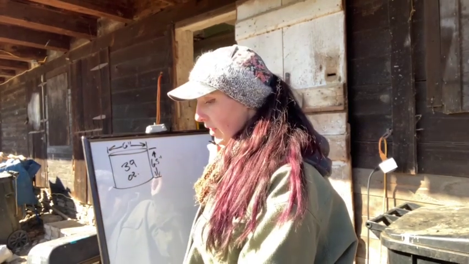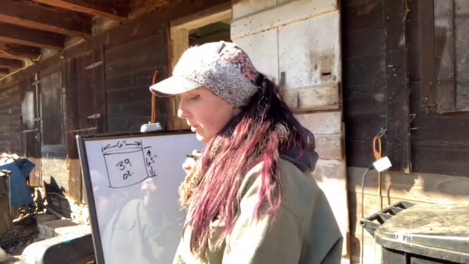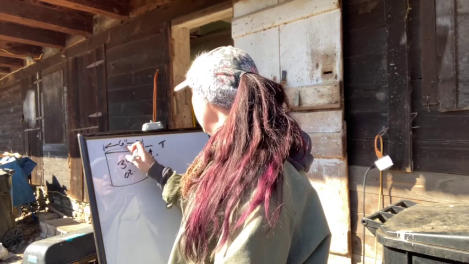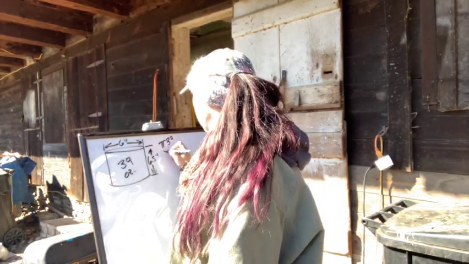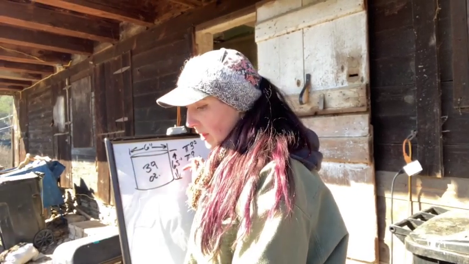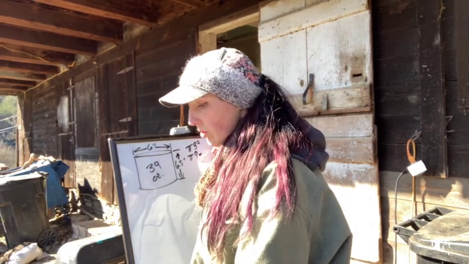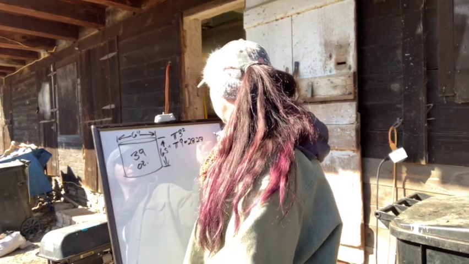So the area of a circle, pi r squared. We have pi, the radius would be 3 inches, so that's pi times 9, and that equals 28.27.